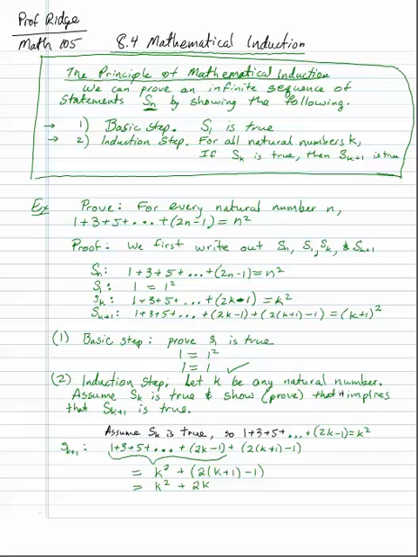I'm going to distribute the 2. So that's going to be k squared plus 2k plus 1, which equals k plus 1 squared. Okay, so that proves that S sub k implies S sub k plus 1.